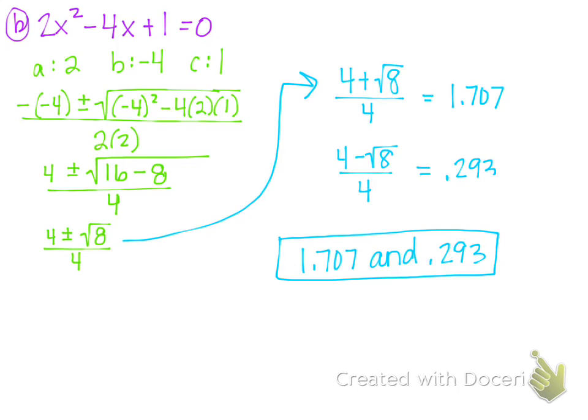Now we're going to do one more. We're going to do x squared minus 4x plus 13 is equal to 0. First thing we want to do, pull out our a, which is 1. Remember, we can write a 1 here. Our b, which is negative 4, and our c, which is 13.